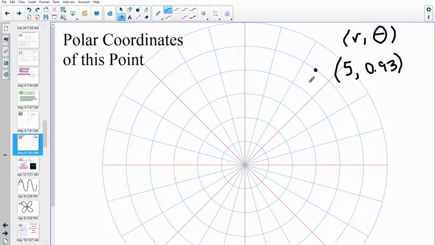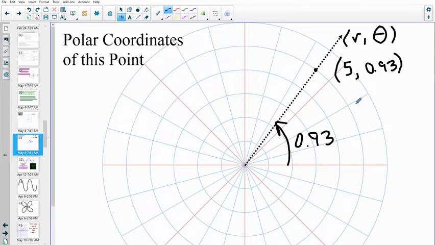But that 0.93 radians is the angle of rotation to get from the positive horizontal axis. That is my theta value of about 0.93. And again, if it's easier for you to think about, you can think of that as about 53 degrees. But those are my coordinates, r and theta, instead of x and y.